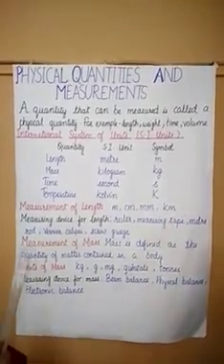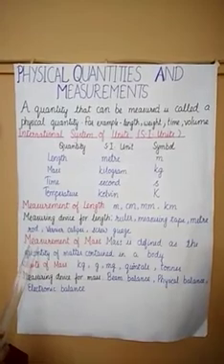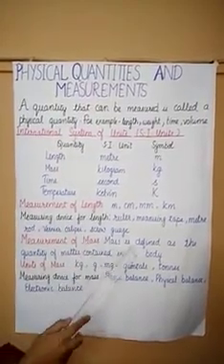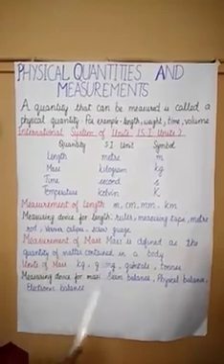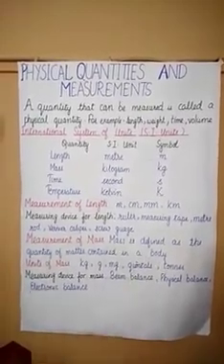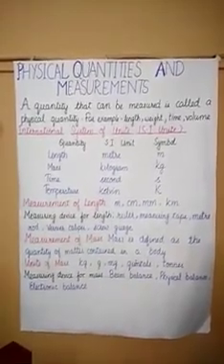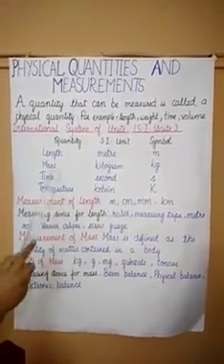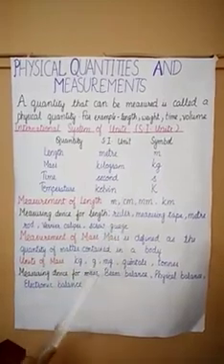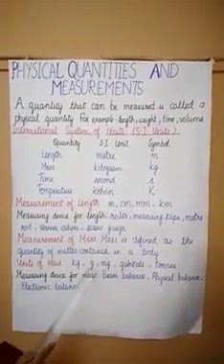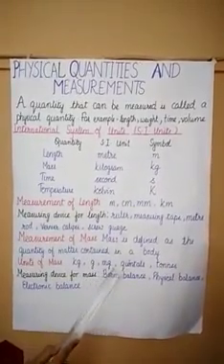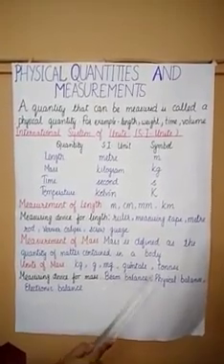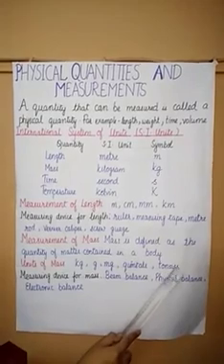Now next is measurement of mass. What is mass? Mass is defined as the quantity of matter contained in a body. The SI unit of mass is kilogram. Some smaller units are gram and milligram, and some bigger units for measuring mass are quintals and tons.